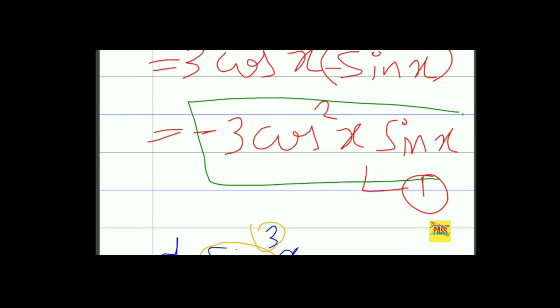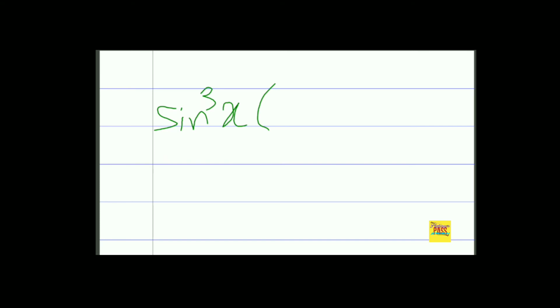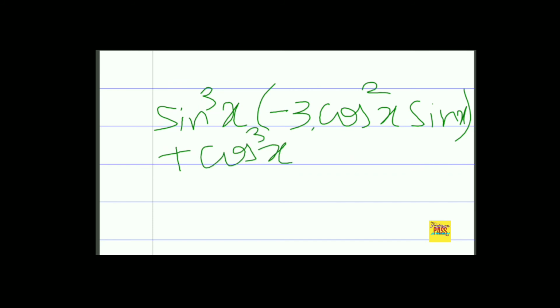Differentiation of cos cube x is minus 3 cos square x sin x, plus, a is treated as constant with b, the cos cube x, and differentiation of sin cube x I have already solved: 3 sin square x into cos x.